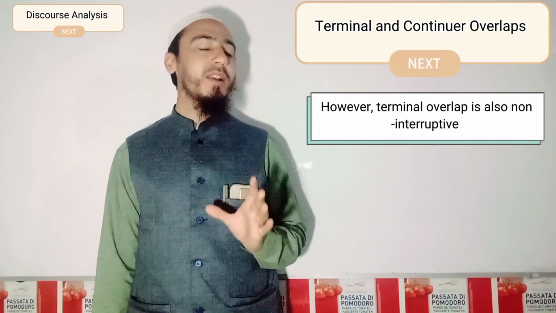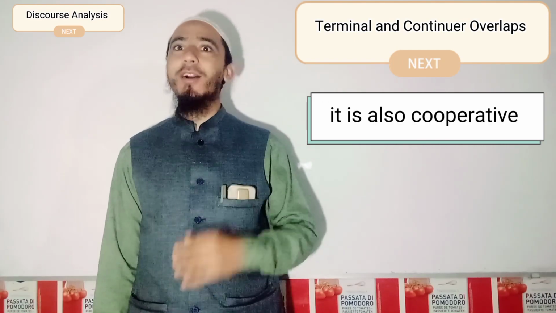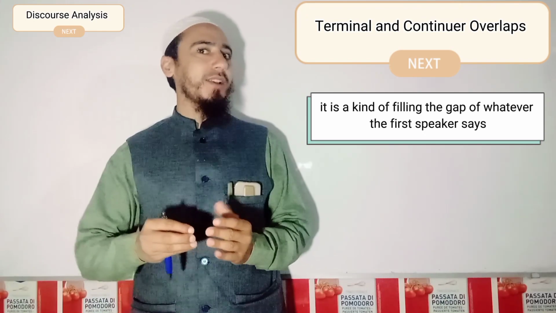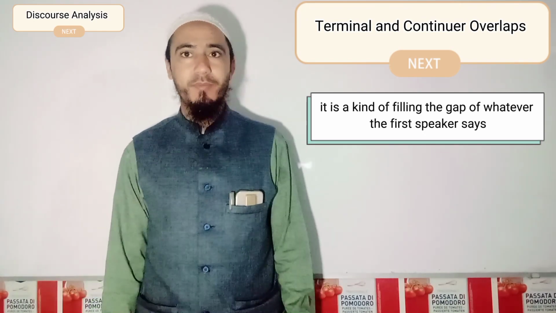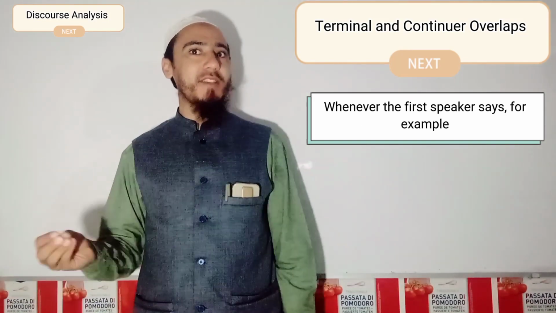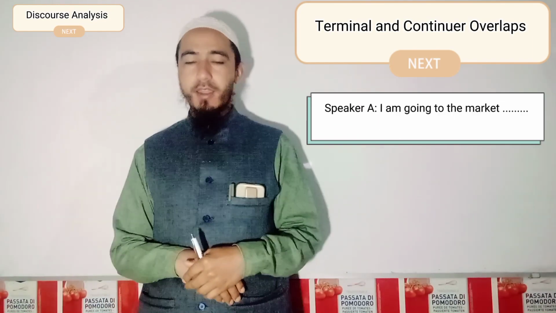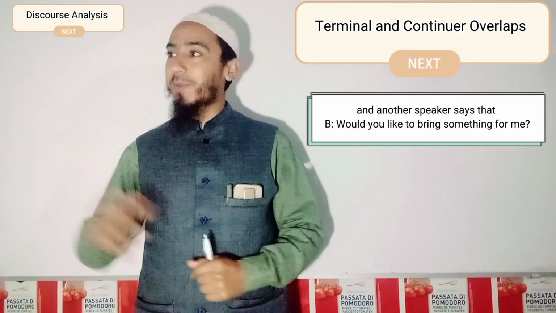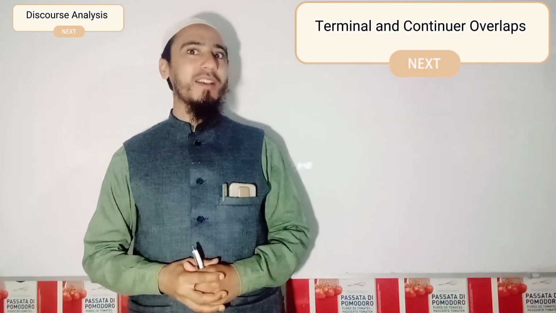However, terminal overlap is not interruptive. It is cooperative. It is a kind of filling the gap of whatever the first speaker says. For example, take speaker A and B. Speaker A says, I'm going to the market, yet he has not finished, and another speaker says, would you like to bring something for me?